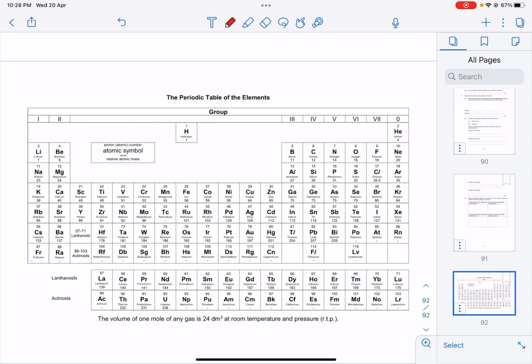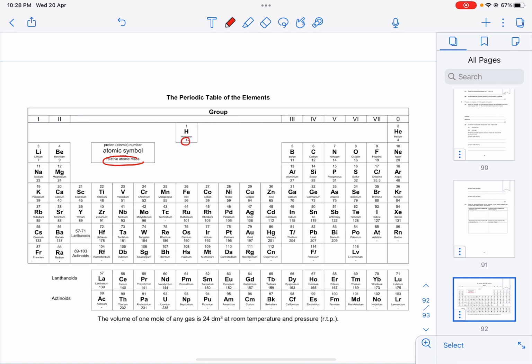For example, hydrogen, the mass is at the bottom. So this is the mass of hydrogen. How about carbon? Carbon is over here, so the mass is 12. How about sodium? What is the atomic mass of sodium? The atomic mass is 23. So we can find the atomic mass of the element from the periodic table. We just have to look at the bottom number.